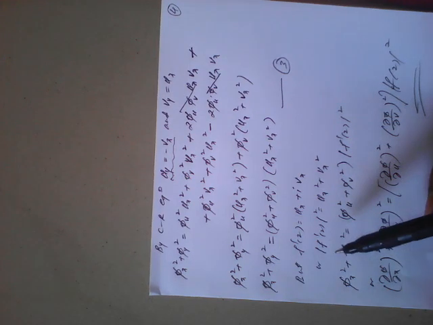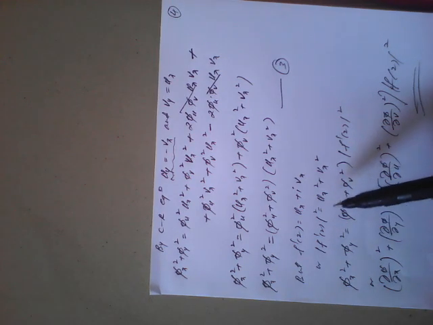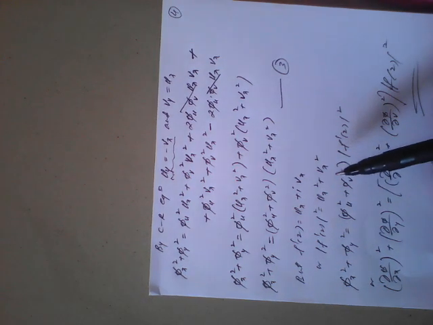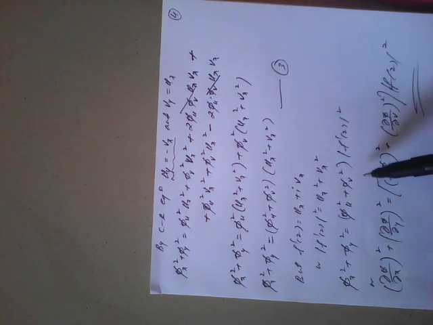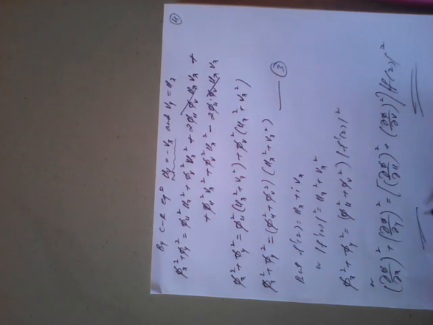And as we know, f dash of z is nothing but u x plus i times v x, so take mod on both sides: mod of f dash of z square is nothing but u x square plus v x square. So this result we apply in equation number 3, and we'll get the final result.